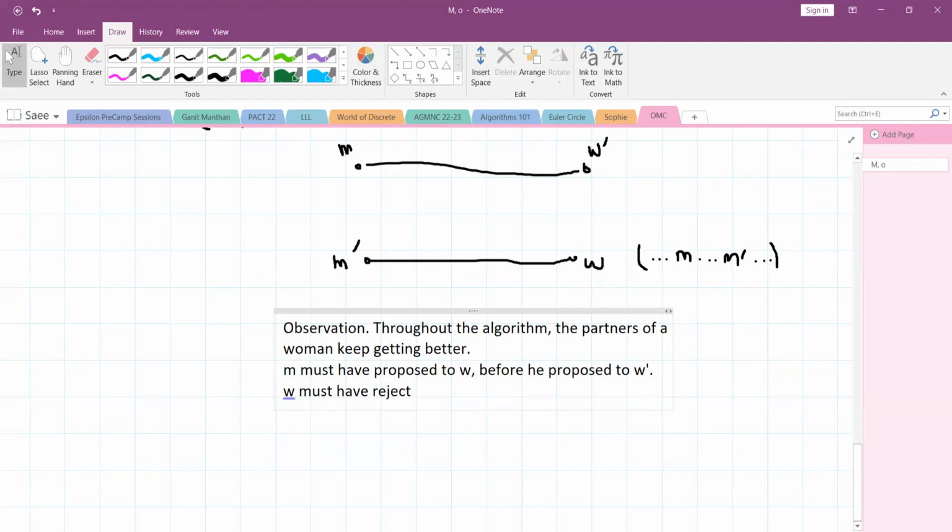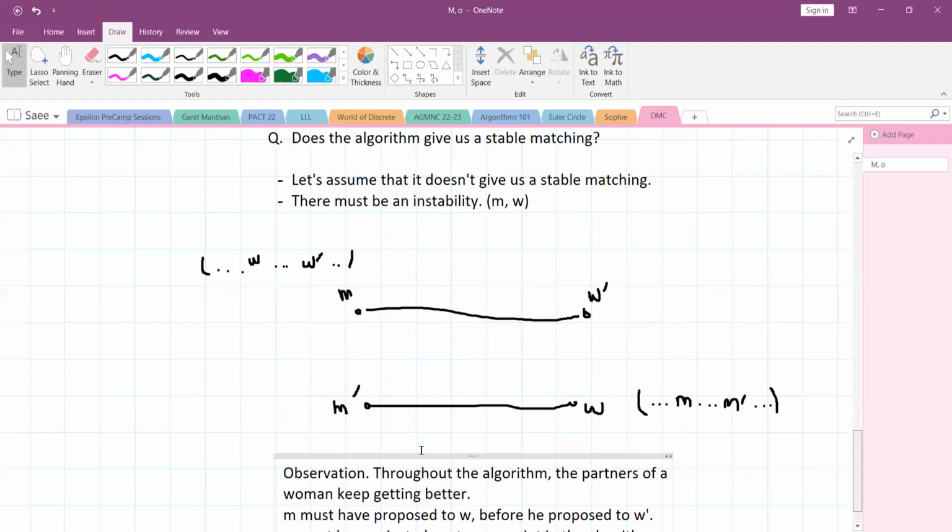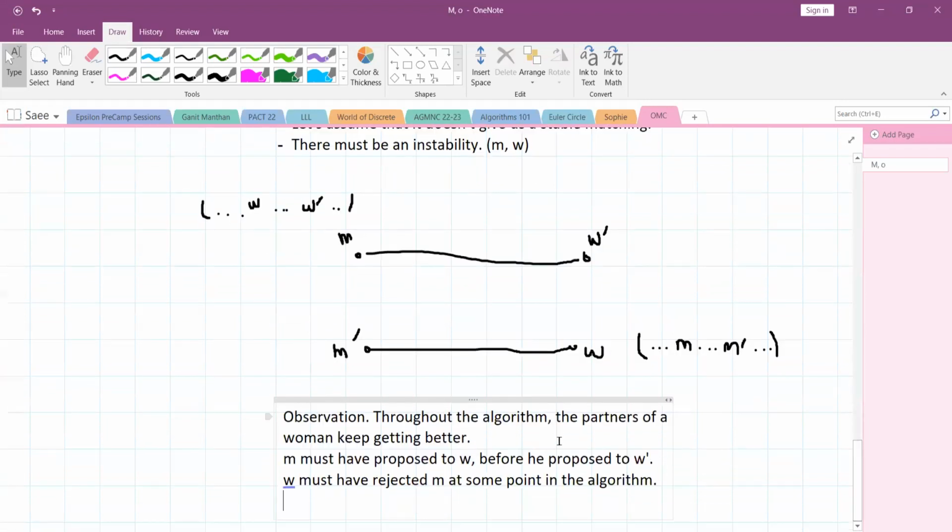W must have rejected M at some point in the algorithm. Okay. Can you try to finish the proof from there? Oh, also a hint, we have this observation from earlier. The partners of a woman cannot get worse.